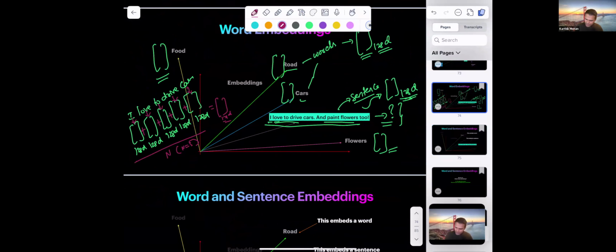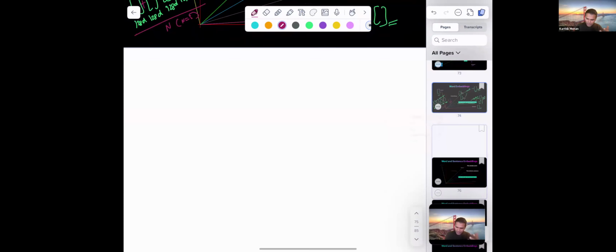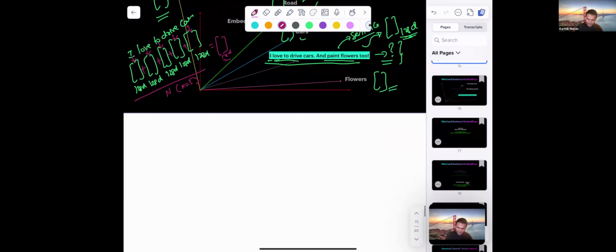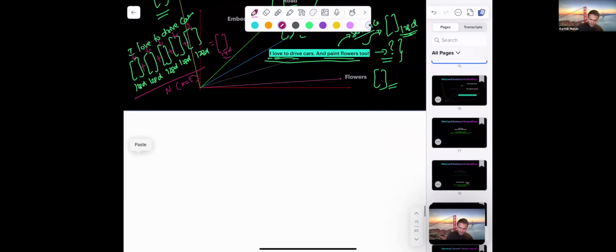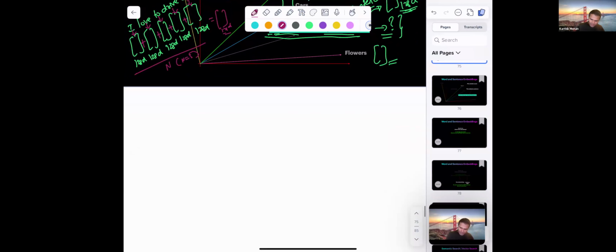Let me give you an example. If an example comes to you, you can share. So, example of need for positional context. This is example one.